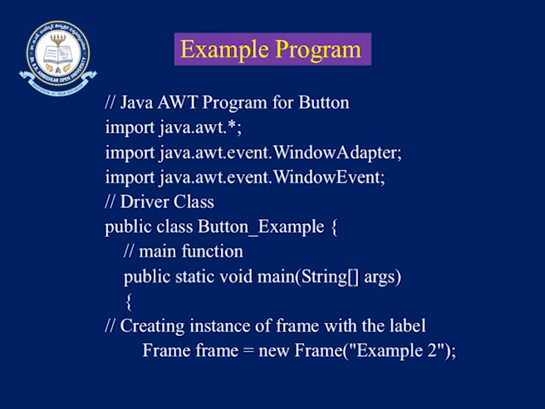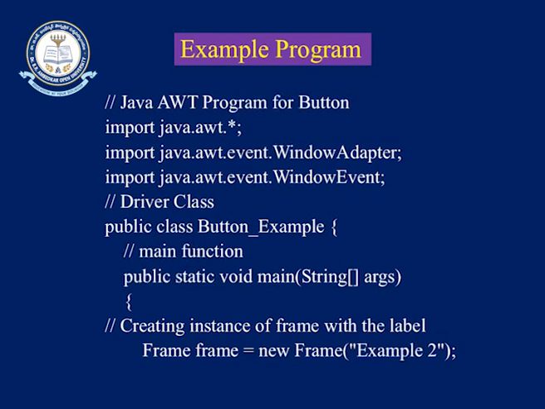Next one is an example program, showing how we can implement AWT with events. Here I am displaying one button. For that I am importing the AWT package and event package, and WindowAdapter and WindowEvent.